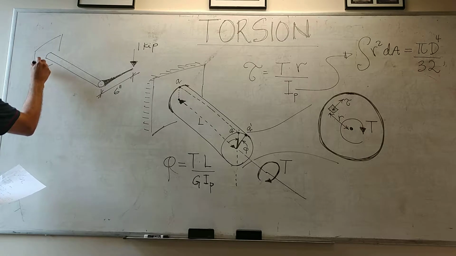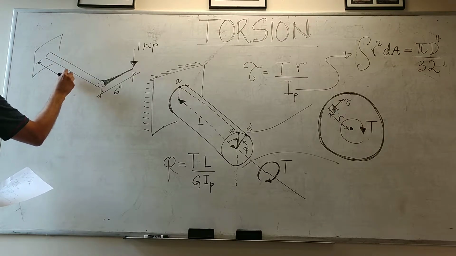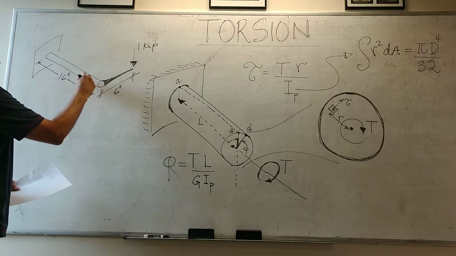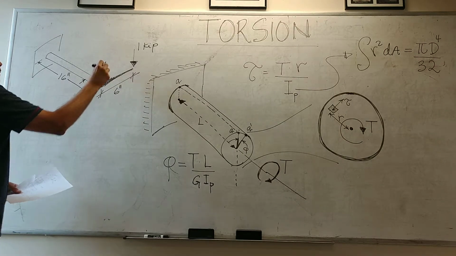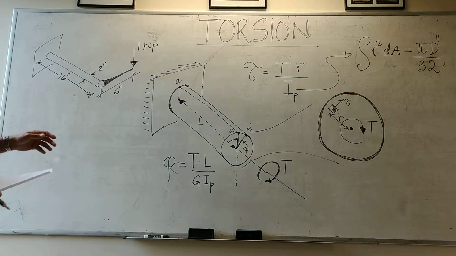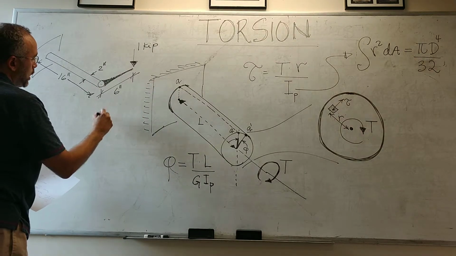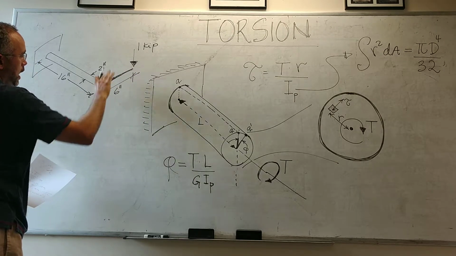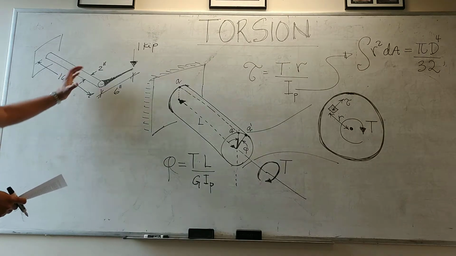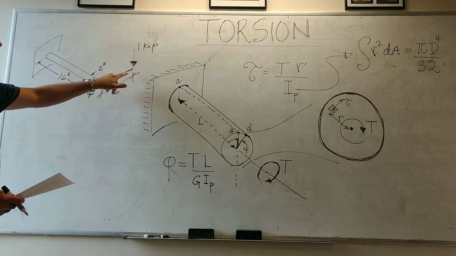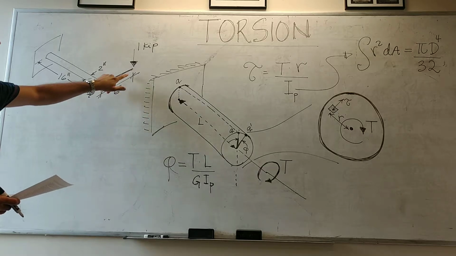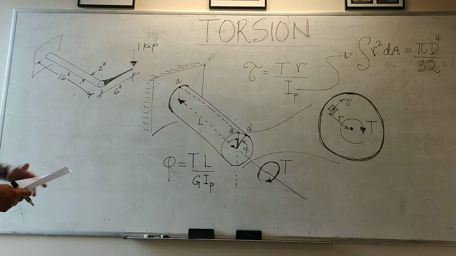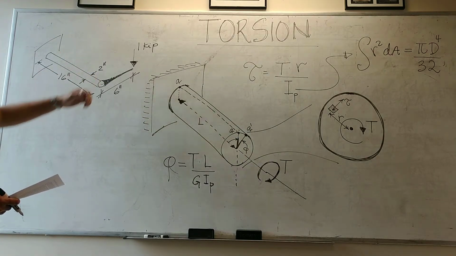The length of the shaft is 16 inches, and the diameter is 2 inches. We wish to find out what will be the rotation of this rigid arm as the load creates a torque on the member. For this example, this arm, as I said, is rigid, so it just basically rotates as the shaft deforms in torsion.